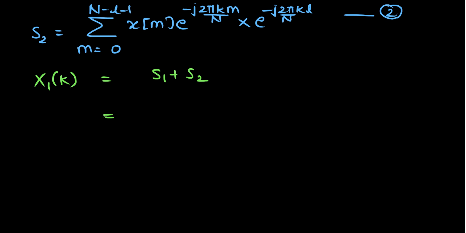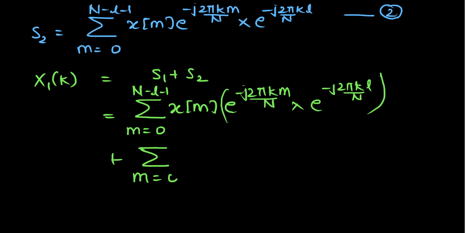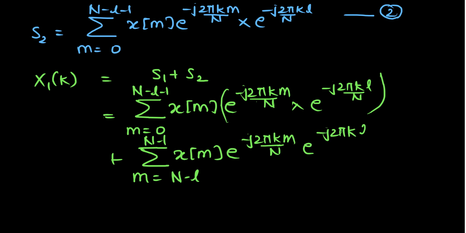So it can be written as summation m running from 0 to n minus L minus 1 x of m inside the bracket e to the power minus j 2 pi k m by n multiplied by e to the power minus j 2 pi k L by n plus summation m running from n minus L to n minus 1, and we have x of m into e to the power minus j 2 pi k m by n multiplied by e to the power minus j 2 pi k L by n.